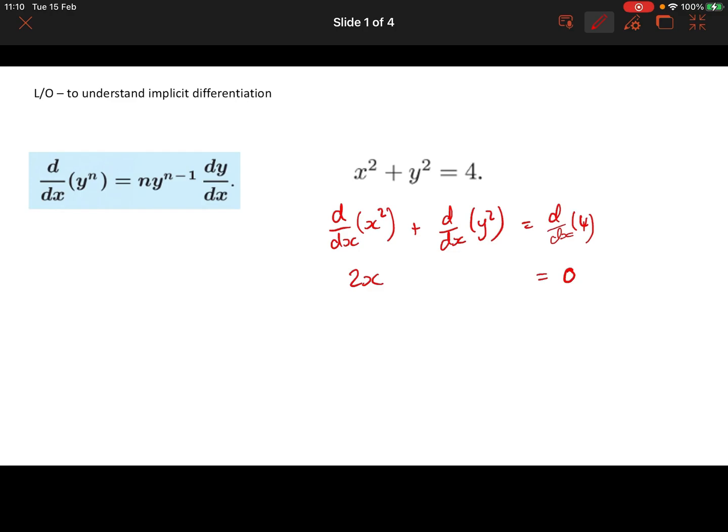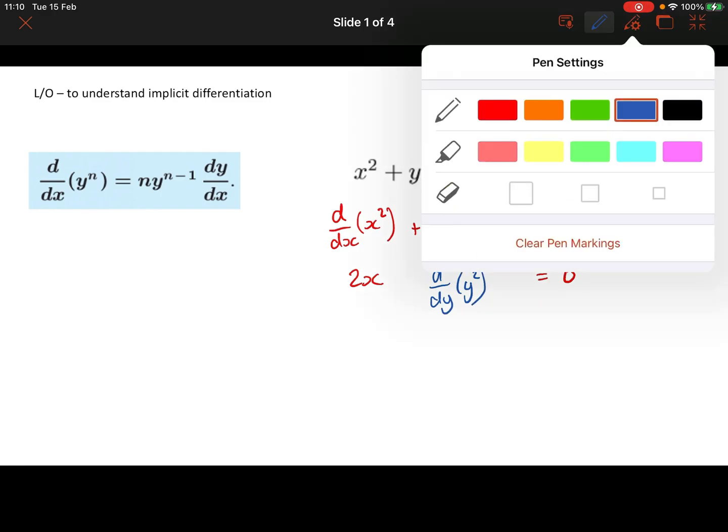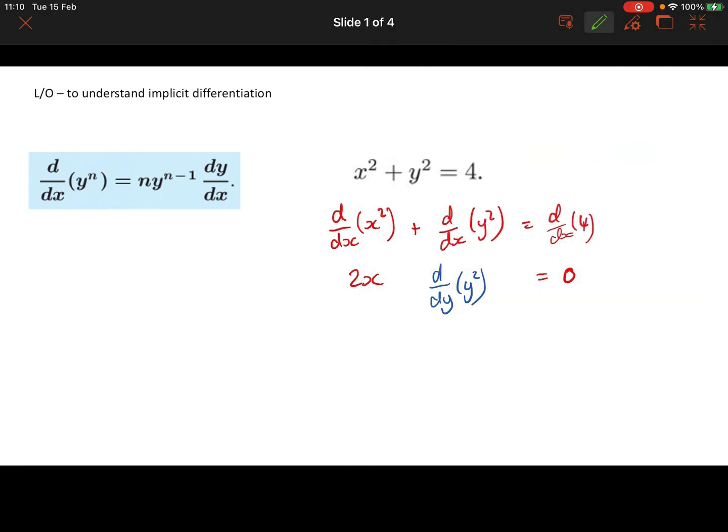It's the y squared that is the problem. We cannot differentiate a y with respect to x. So what we do is we cheat. We say, I won't do that. I will differentiate it with respect to y. And I will use an application of the chain rule where I will multiply this by dy dx.